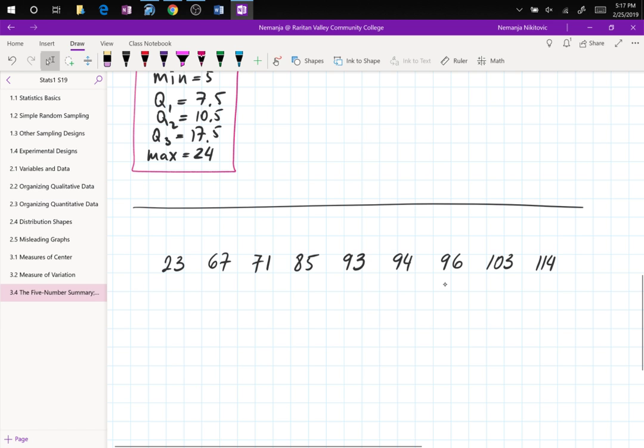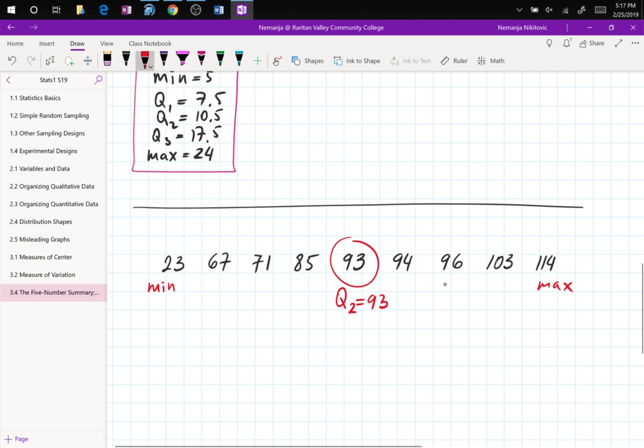Okay, so now you would say immediately, no thinking, min and max. This is already in increasing order. And what do I have? 1, 2, 3, 4, 5, 6, 7, 8, 9 entries. Odd. That means that I actually have a middle, which is 93. So your Q2 is 93.